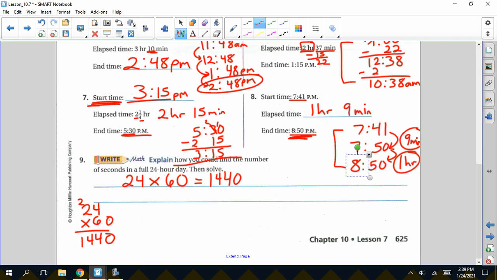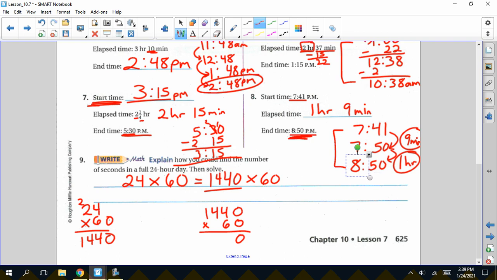And then you need to take that number and multiply it by 60 to figure out the number of seconds, because there are 60 seconds in every one of these minutes. So we would take 144 times 6. Again, I'm leaving those zeros outside here.